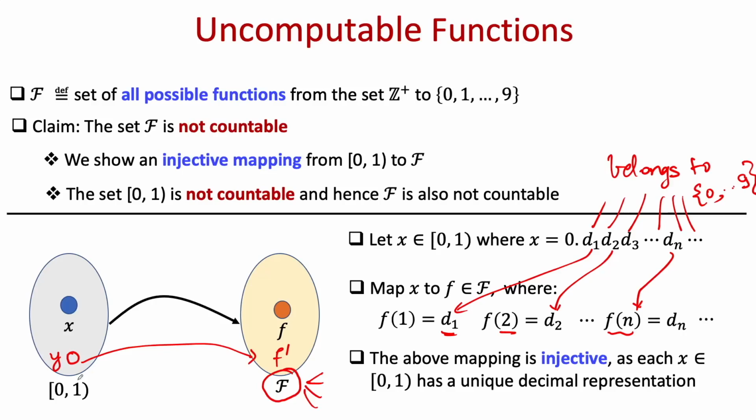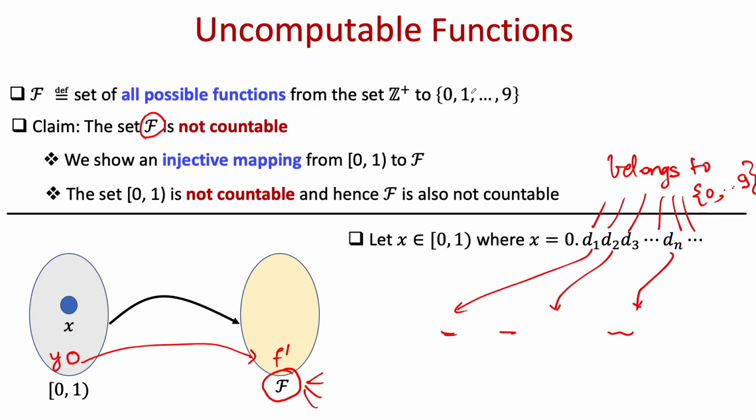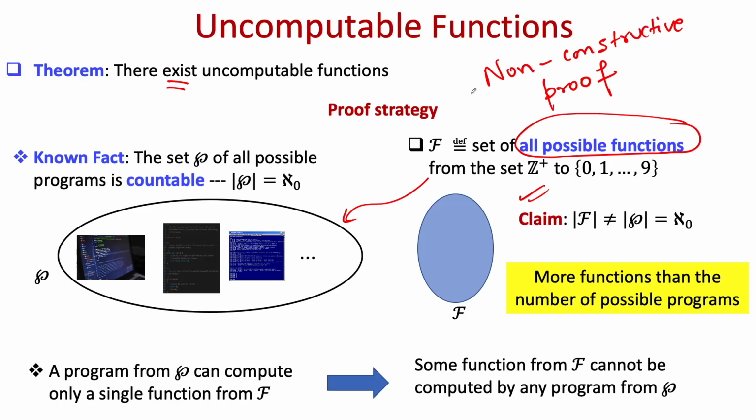Okay, so we have shown here that indeed the set of all possible functions from the set of positive integers to the set 0 to 9 is an uncountable set. That means if I go back to the previous slide in the proof strategy, I have proved my claim.